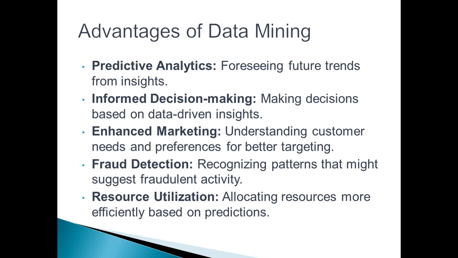Then resource utilization means the time and the money: how much time you should spend on promoting a particular product, or how much money you can spend on marketing. So these are some resources you can use better on the basis of the data you have. So you can allocate resources more efficiently on the basis of the predictions.